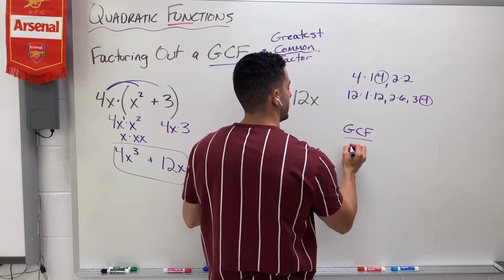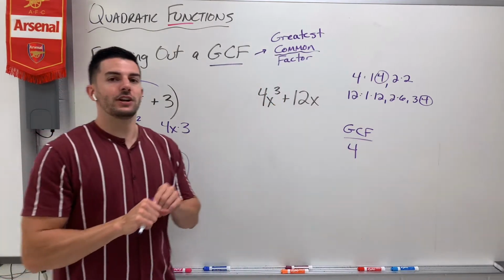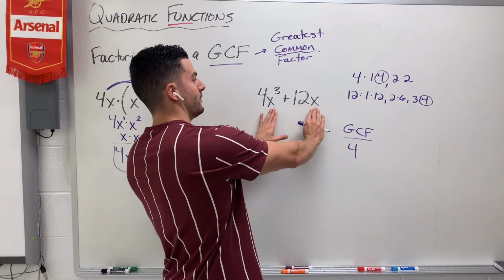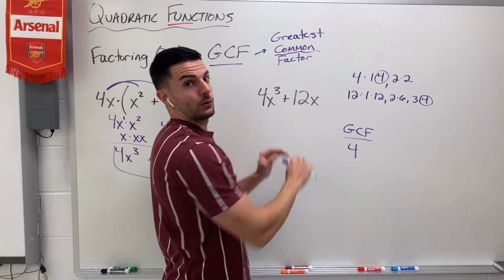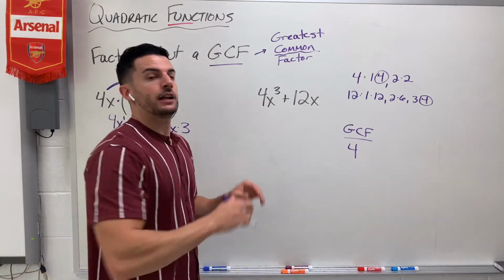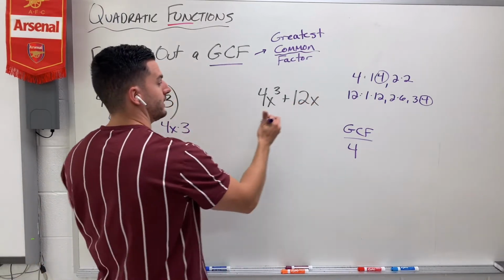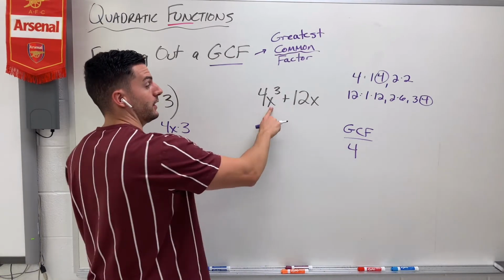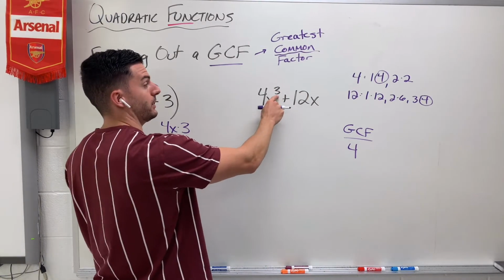Right now my GCF is 4, but it's not just 4, because we're wondering what the coefficient and the variable part of this term have in common. It can be helpful to expand this, because an exponent is just a shorthand way of saying this thing multiplied by itself that many times.